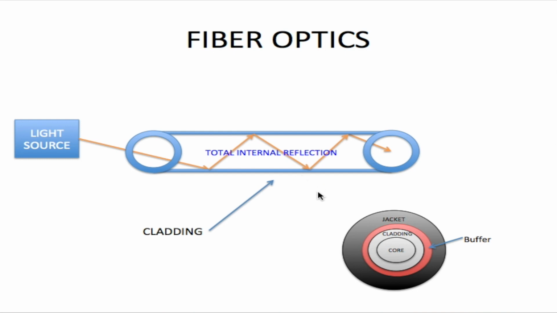It protects it. And the jacket is the same insulation that you will see on the outside of a wire, a copper cable for instance. Now a copper cable will have this same type of plastic material on the outside to protect the cable. So a fiber cable is the same idea.